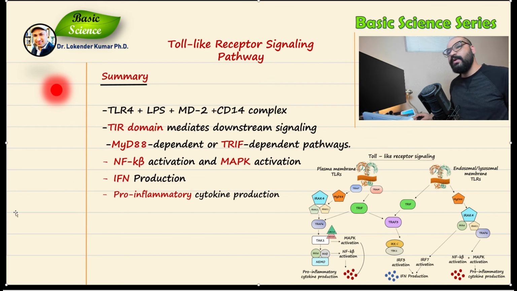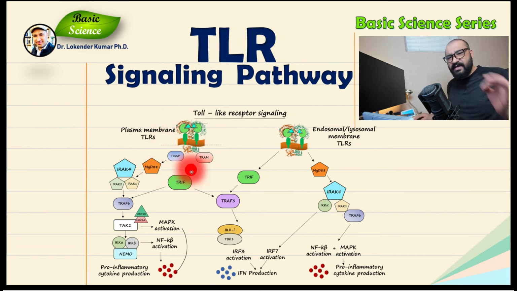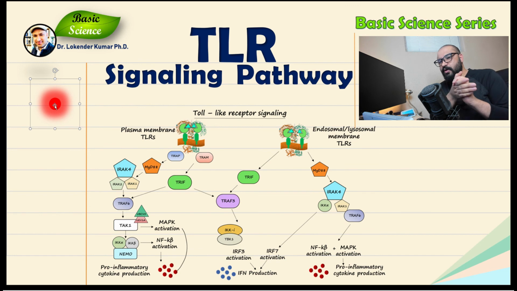All right, so with that note, I will just conclude this presentation, and I hope now you have a good idea about the toll-like receptor signaling pathway, and you can see it's a very simple pathway where you have activation and then transmission of the signal. In the next video, I will bring you more interesting topics related to the immune system, related to microbiology, related to general biosciences. That's what I do in this channel, and those videos are definitely going to help you.